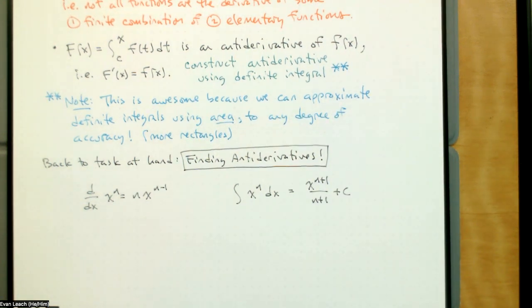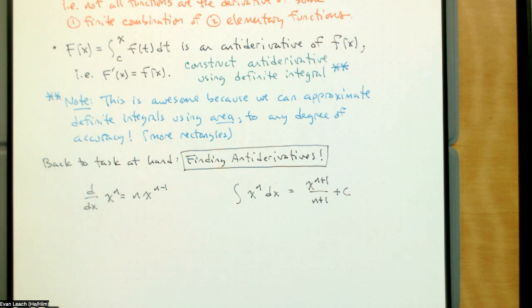We added some stuff to our finding antiderivatives repertoire. The integral of x to the n: we add one to the exponent, divide by the new exponent. We also added the plus c, because the derivative of any constant is equal to 0. And we're asking the question, x to the n is the derivative of what function? It's the derivative of x to the n plus 1 over n plus 1, plus some constant that we don't know anything about. So we just put a plus c, plus some constant. That's what the plus c is standing for. That's our constant of integration.